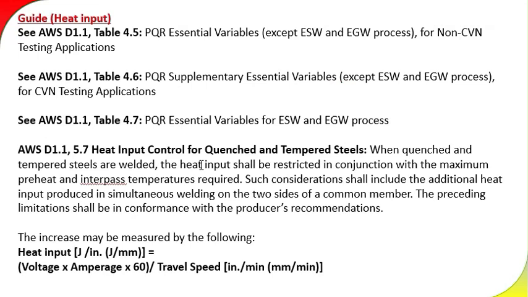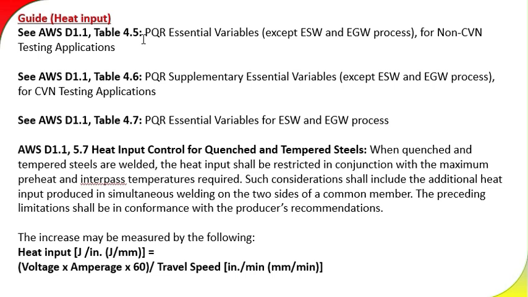Now the heat input. What is the guide for heat input? If you go to AWS D1.1 Table 4.5, PQR essential variable for non-CVN testing applications, 4.6 is the supplementary essential variable except for ESW and EGW processes. And AWS D1.1 Table 4.7 is the PQR essential variable for ESW and EGW processes.